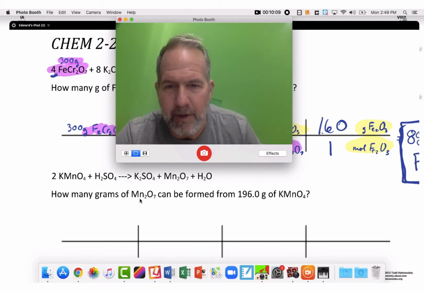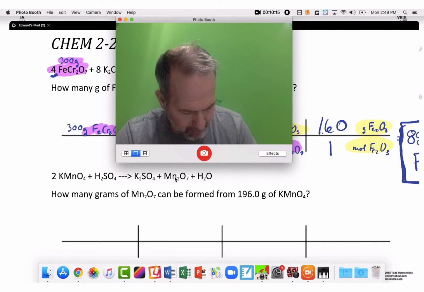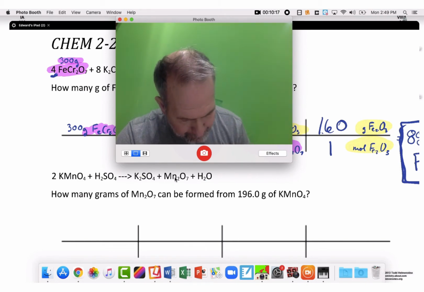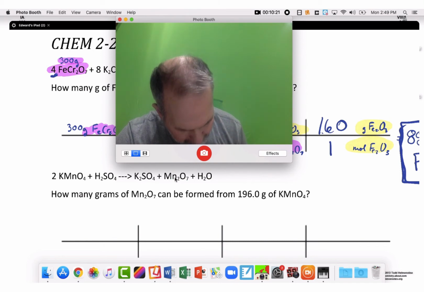All right, how many grams of Mn2O7, which is right here? So that's what we're looking for. How many grams of that? Let's go to a different color. Let's go to a purple color today. So we want to go to grams of this, right? I guess I put question mark grams. It doesn't matter, as long as you know it's your unknown.